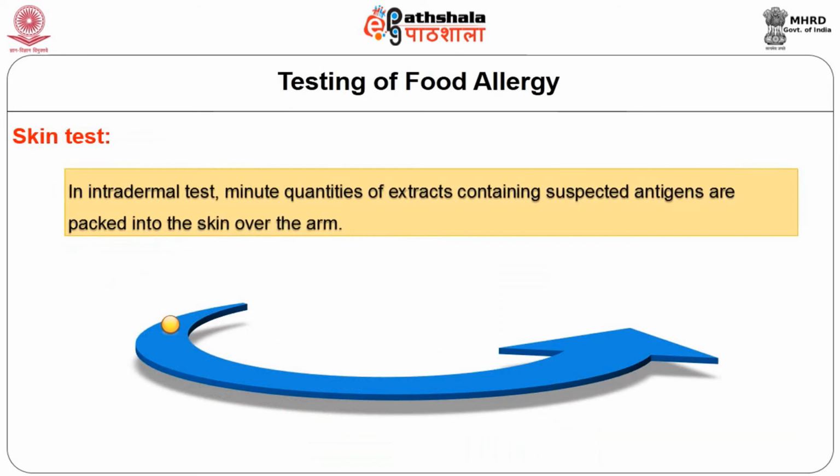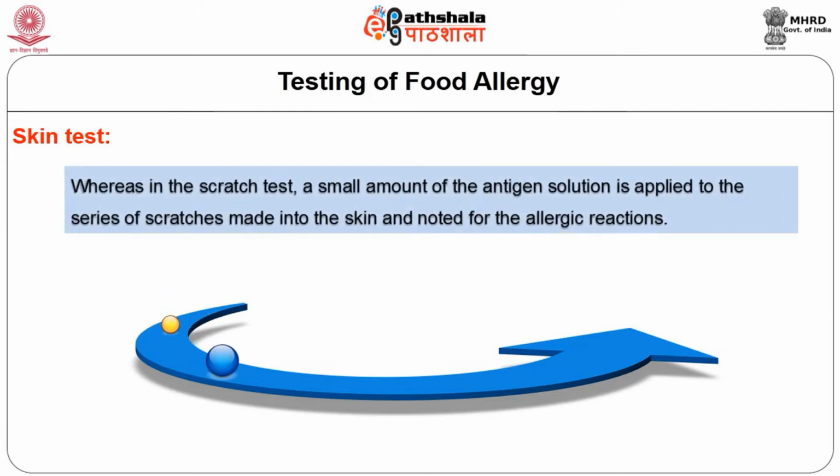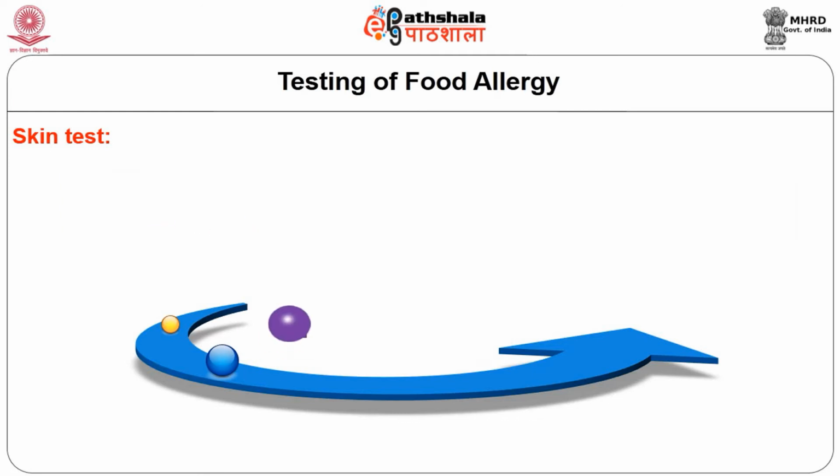In the intradermal test, a minute quantity of the extract containing the suspected antigen is packed into the skin over the arm. Whereas in the scratch test, a small amount of antigen solution is applied to a series of scratches made into the skin and it is noted for allergic reactions.